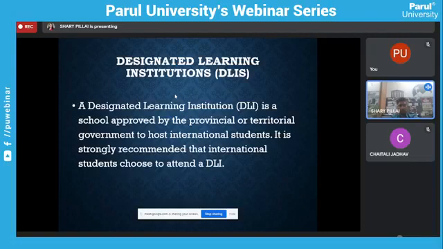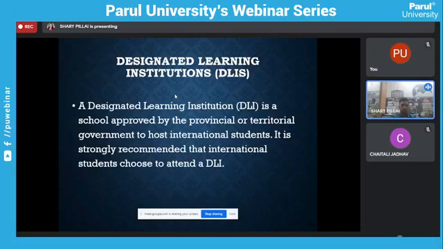The second important thing is why DLI matters: students who attend school at a DLI can work while they study. Only those from a DLI institute can work while studying; otherwise, they are not allowed to work. More importantly, only graduates from an approved list of programs at a DLI are eligible for the post-graduation work permit.